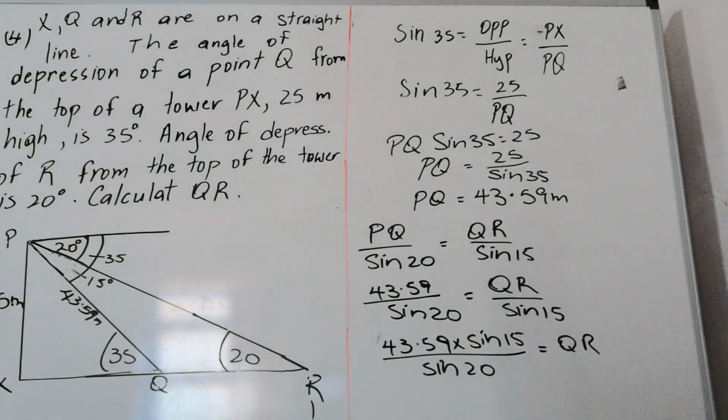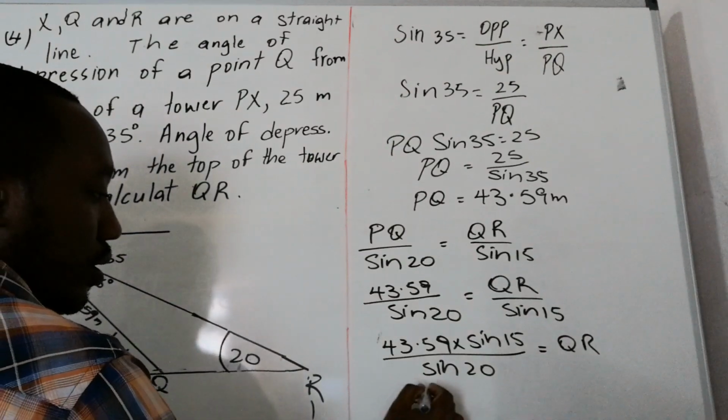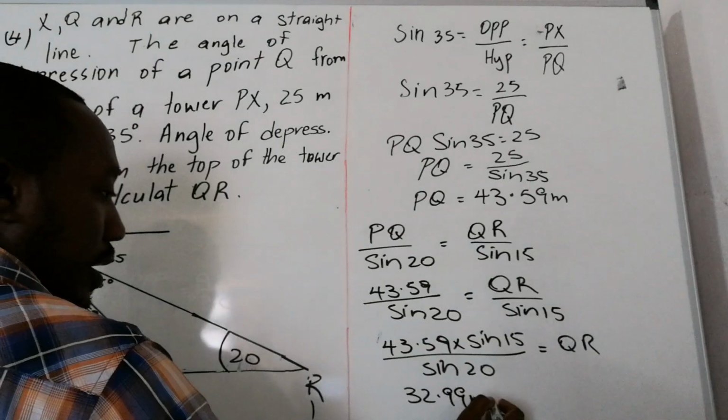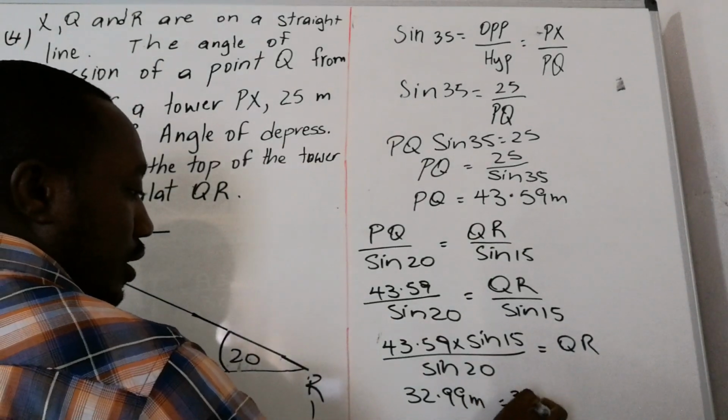So 43.59 multiplied by sine 15, and then that answer divided by sine 20, which gives us approximately 32.99 meters, and then we could round that to 33 meters.